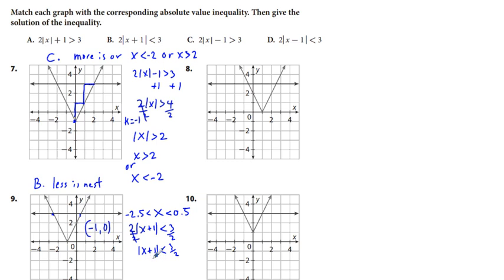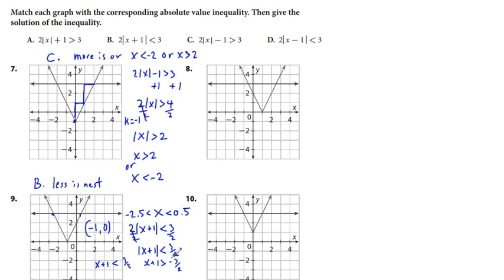And then if we take this out to make 2 equations out of it, I'm going to make some room here. We have x plus 1 is less than 3/2, and x plus 1 is greater than negative 3/2.